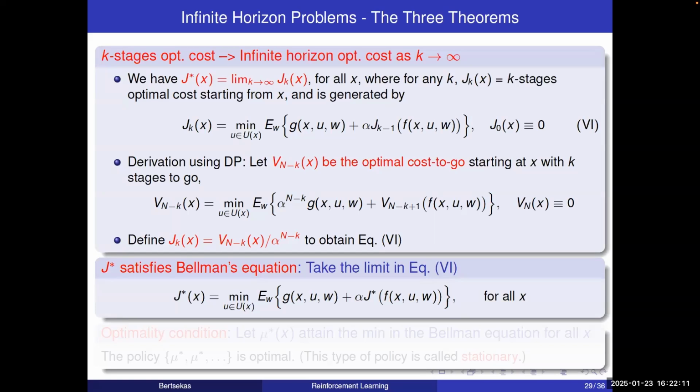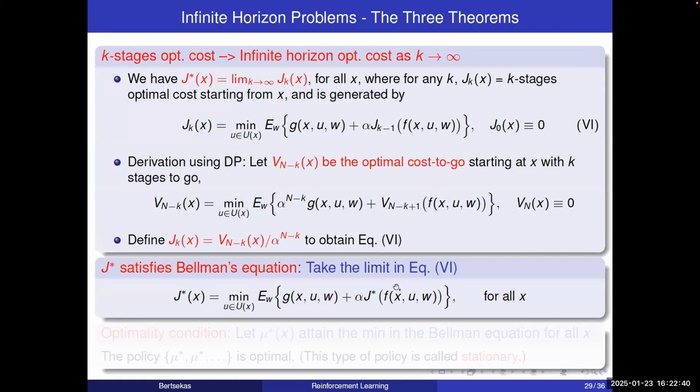And this formula is sort of intuitive, because if we take the limit on both sides of this value iteration equation, and suppose that the limit of Jk goes to J star, we take the limit on this side, we have J star; we take the limit on this side, making the assumption that the limit can go all the way inside here, then we have J star again.